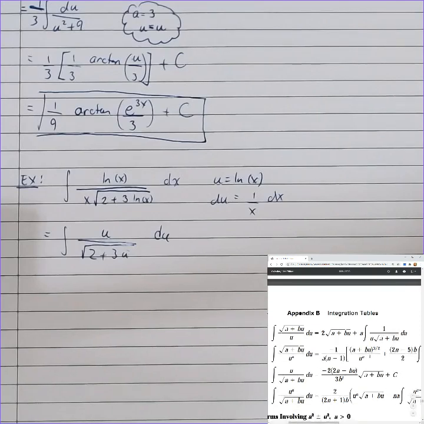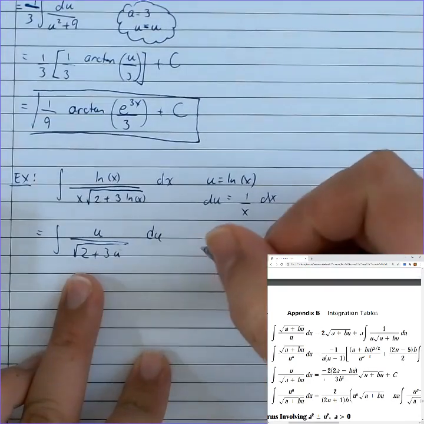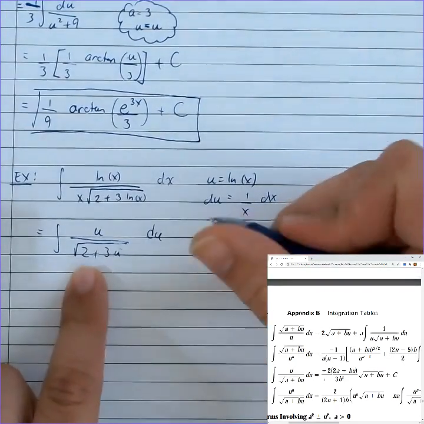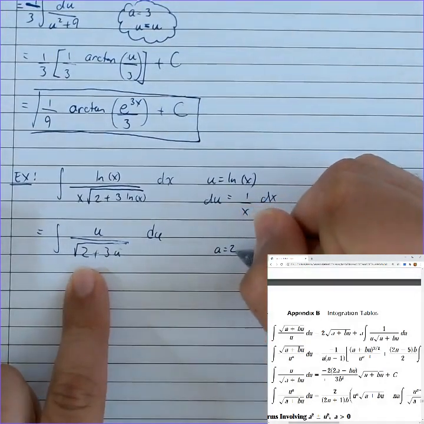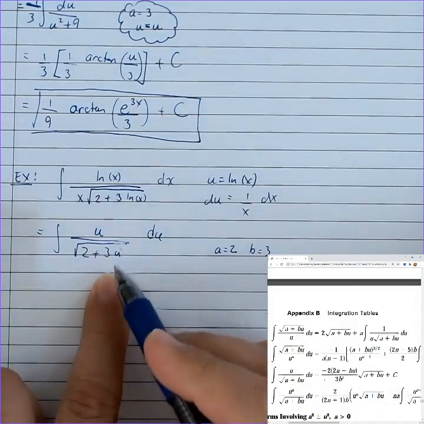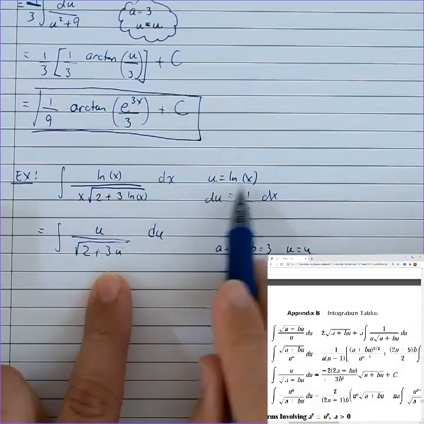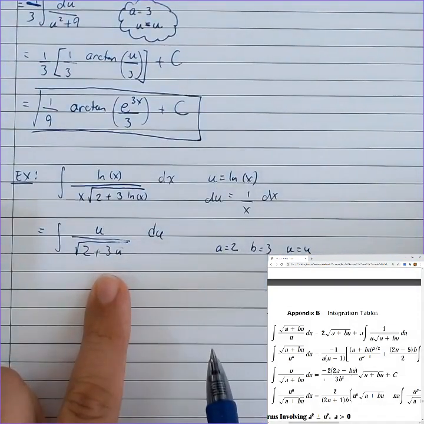I want the integral of u over the square root of a plus bu, du, to equal all that stuff there. Well, let's see what I have. My a is just that number 2 by itself, so a is equal to 2. And here b is equal to 3. That's the coefficient on this u. And here u is equal to u, just like that. Really, u is equal to natural log of x, but we'll worry about that at the end.